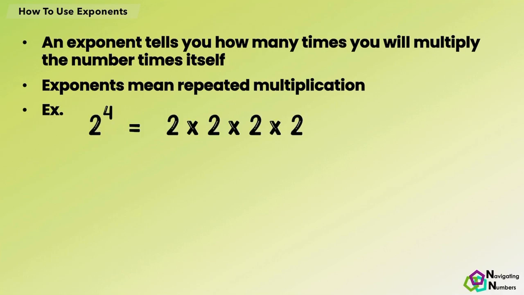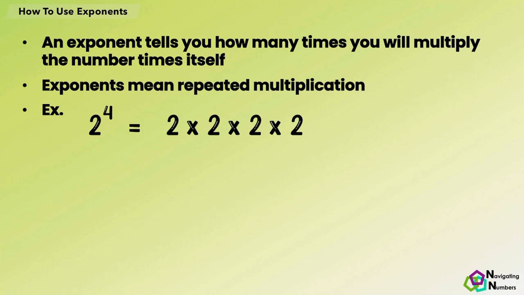So let's take a look at that example, 2 to the power of 4, or 2 to the 4th power. What that means is that you will take the 2, and you should see 4 of those 2's, okay? So you should see 4 2's. All you need to do now is multiply it times itself, those 4 times. So you have 2 times 2 times 2 times 2.